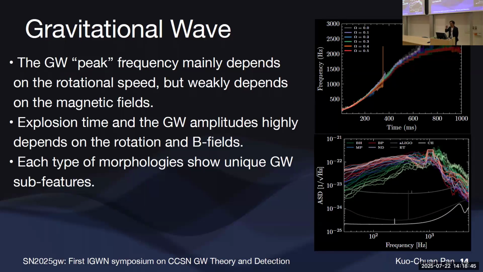So you can see all of them actually show quite similar high frequency components, and the difference is mainly due to different rotational speeds. So the different magnetic fields, although they can lead to very different morphology, this high frequency component looks quite similar. But maybe the amplitude is different, but the frequencies are quite similar.